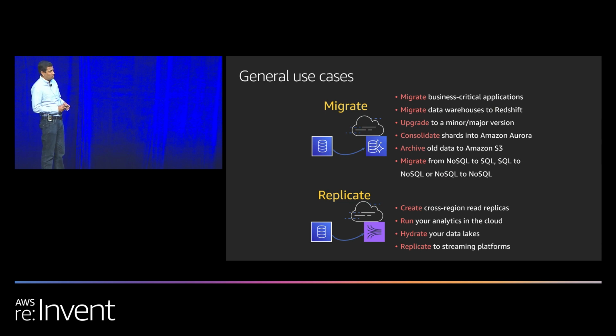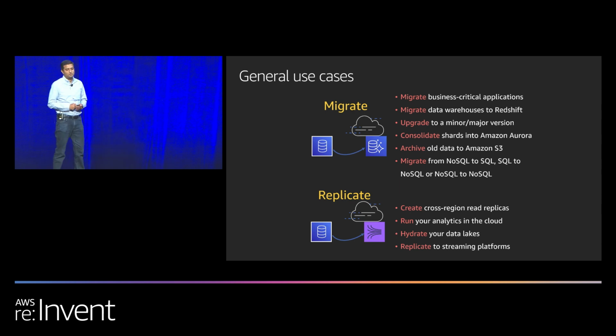Okay, so this was an overview of DMS and supported sources. Now we'll go over general use cases, how customers are using DMS for various scenarios. As we have seen, with the near zero downtime ability, DMS can be used to migrate business critical applications.